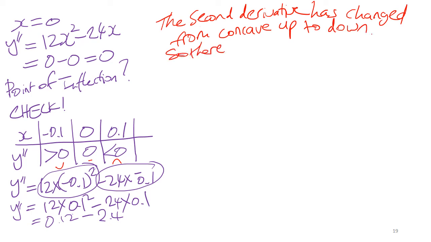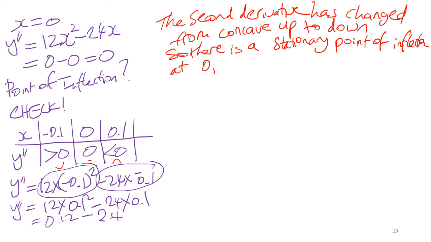Okay, so there is a stationary point of inflection at (0, 0). Alright, that's how you work it out.